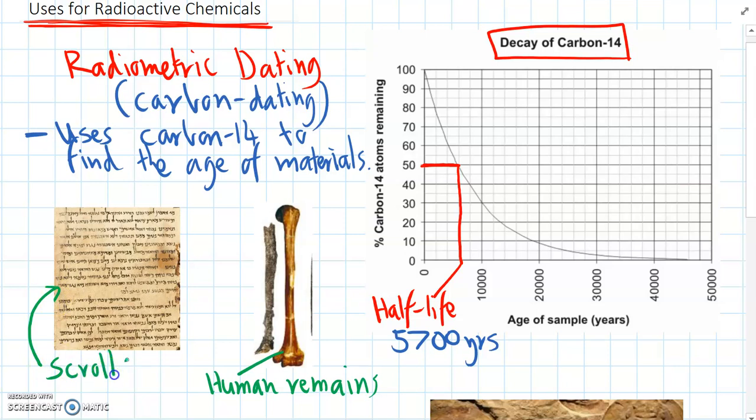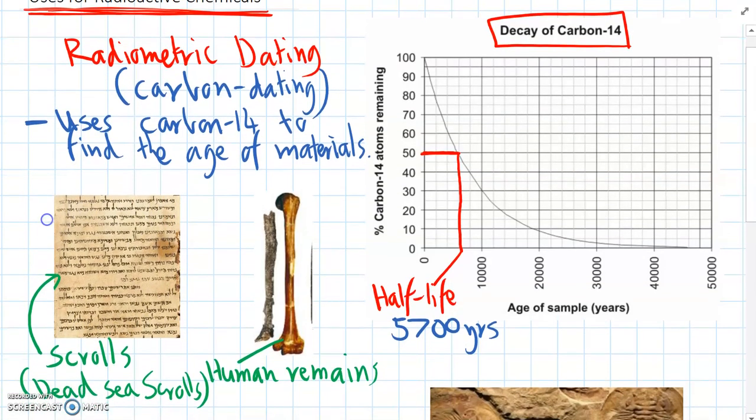These are the Dead Sea Scrolls, which are really important text for humanity, because they're the oldest surviving copy of the Bible that we've discovered. So archaeologists and scientists used carbon dating to figure out the age of the Dead Sea Scrolls. And we can use it for different things, anywhere up to 50,000 years, approximately.